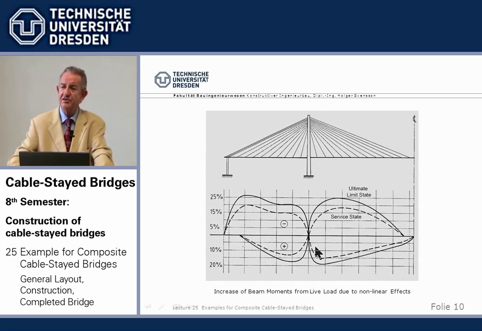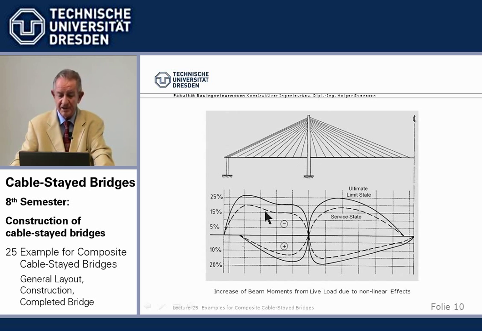And this shows up in the increase of moments due to live load, due to nonlinear theory or P-delta effects, as we say. There is no proper translation for theory of second order. You cannot say that in English, it's not known. So I use the words nonlinear effects.